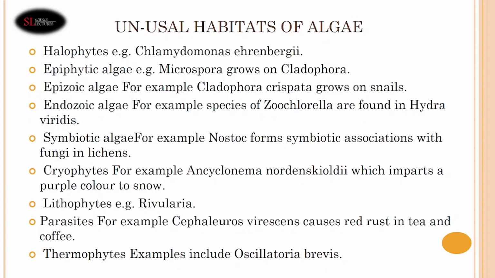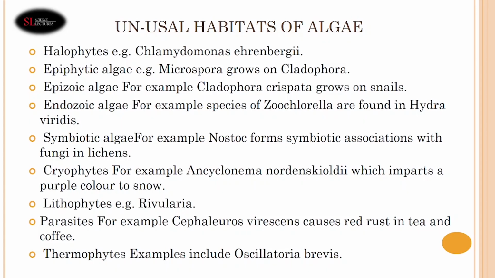Hydra viridis is an animal under phylum Coelenterata, the same phylum that has jellyfish, the Portuguese man of war, and other types of animals. Another example is the corals. The corals house algae, which we said manufacture food for them. Such type of algae is called endozoic algae.